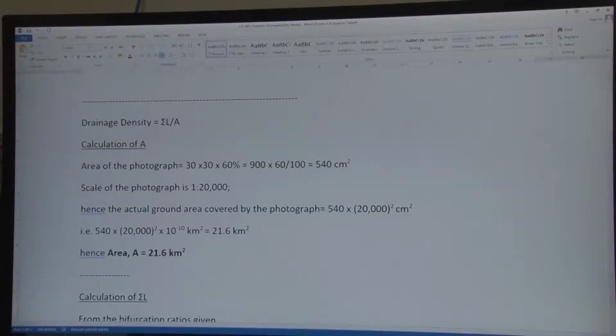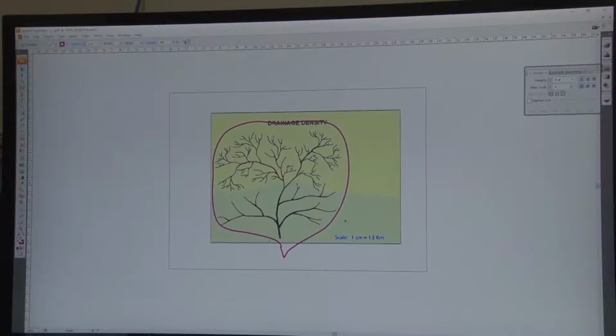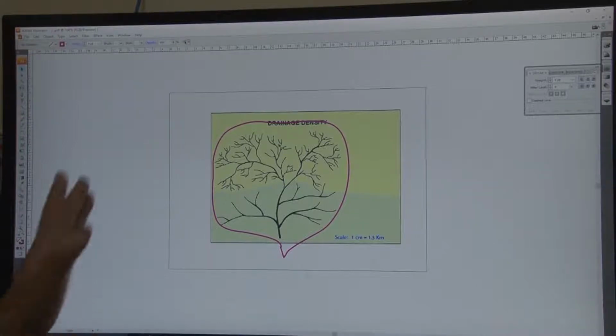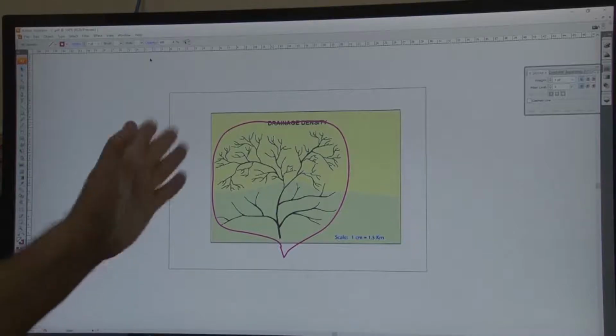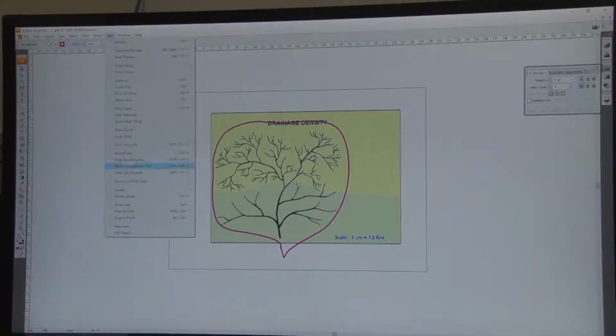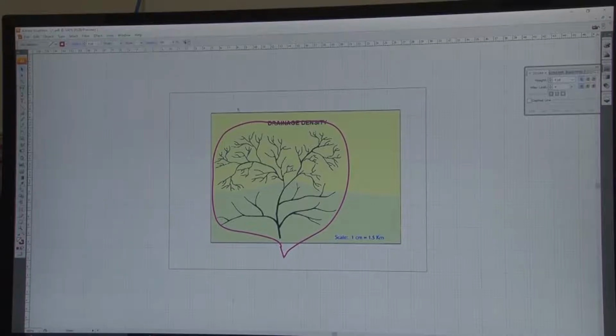With the help of the scale, by taking graph paper or marking a grid over this, suppose this grid is 10 centimeter by 10 centimeter, so one square is 10 by 10 centimeter.